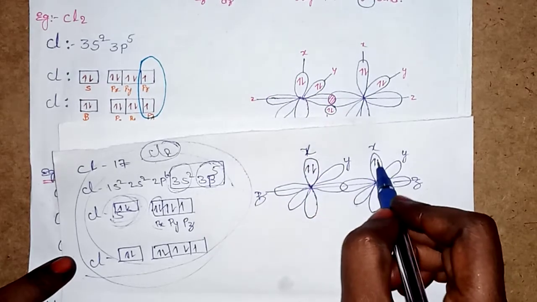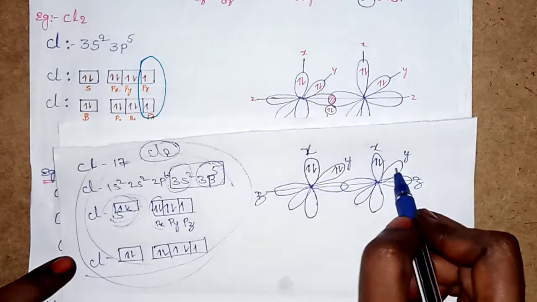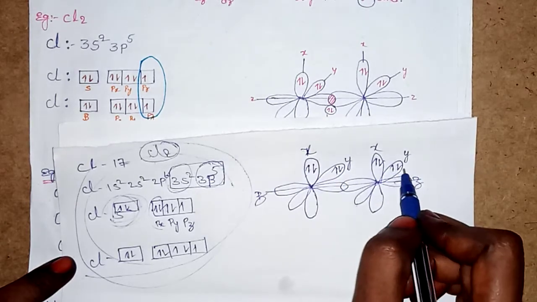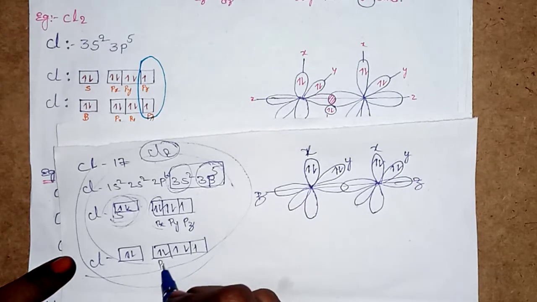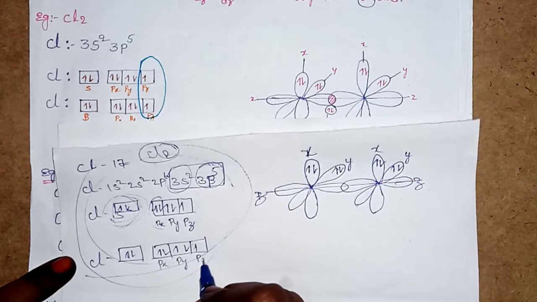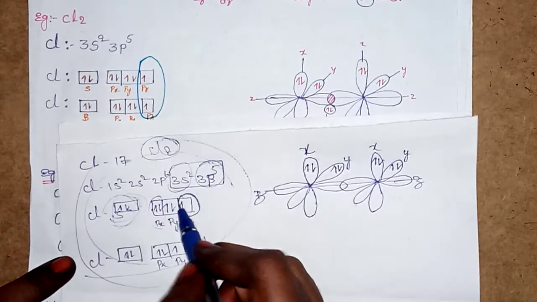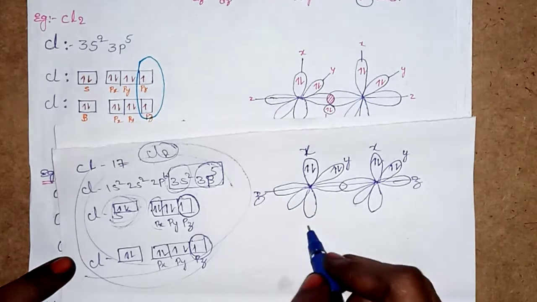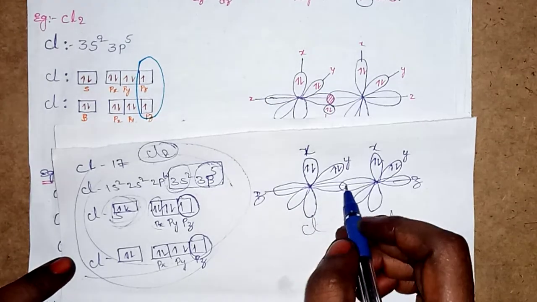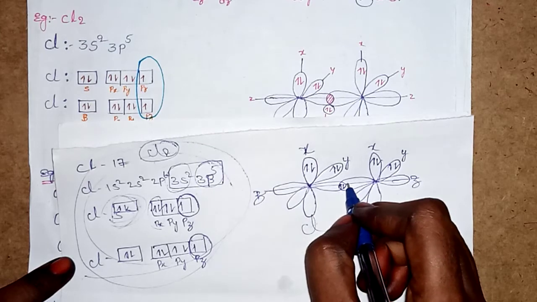The py orbital also has 2 electrons. In the pz orbital, there is only 1 electron, and here also only 1 electron. This is one chlorine and this is the other chlorine.